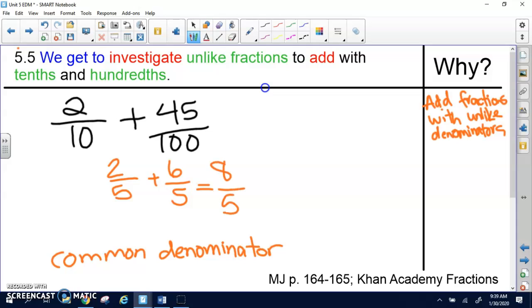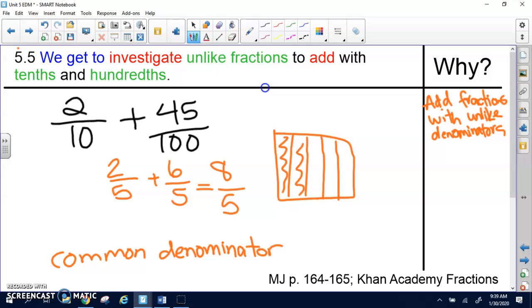The reason is that we're looking at fractions with equal parts. I have 2/5, and I'm adding 6/5 to that. They're already the same size from the same whole.